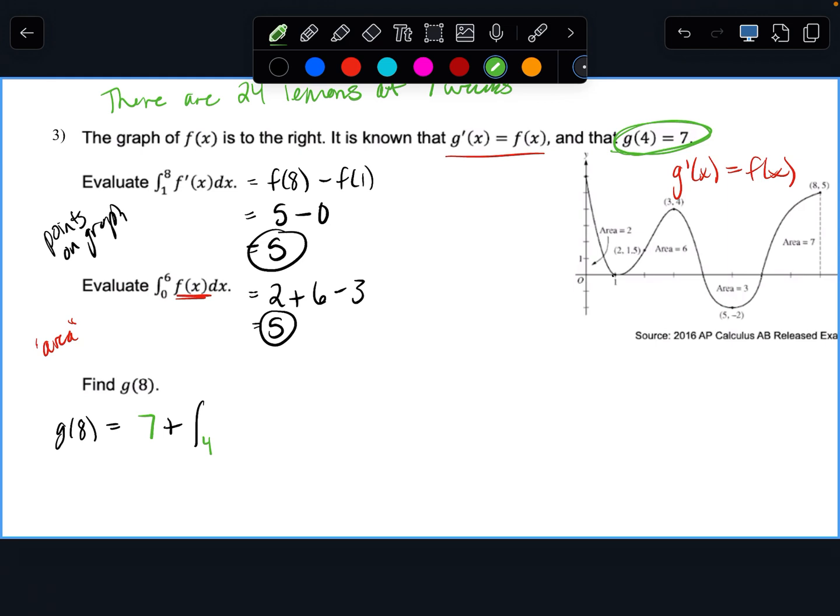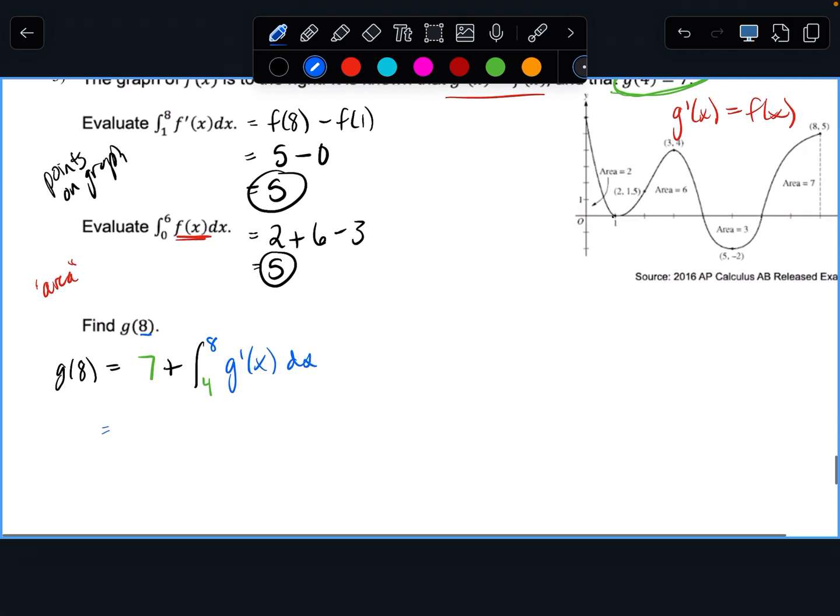And since you want to go to 8, you're going to integrate g prime. And again, if you don't believe me, if you were to do this using the fundamental theorem, you'd have g of 8 minus g of 4, and that would cancel out the 7s. You know what I mean? So you'd be left with g of 8. That's how you know it works out.